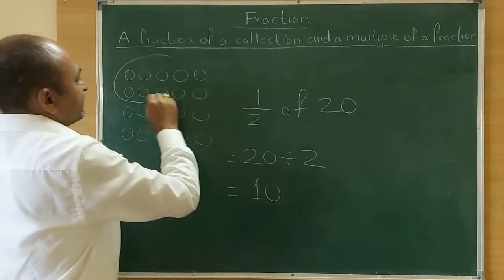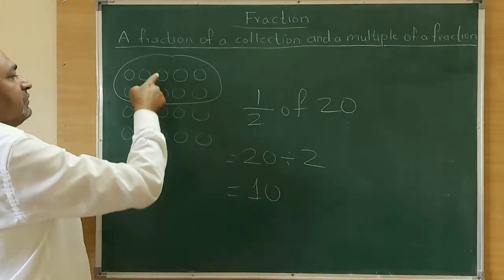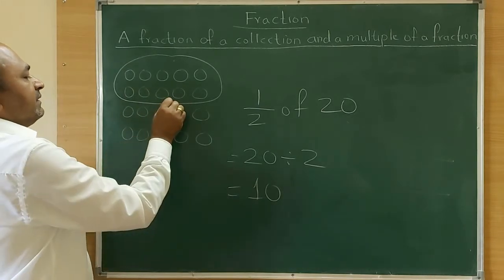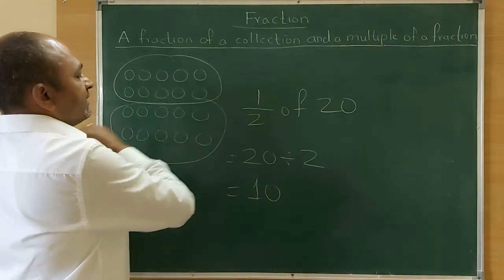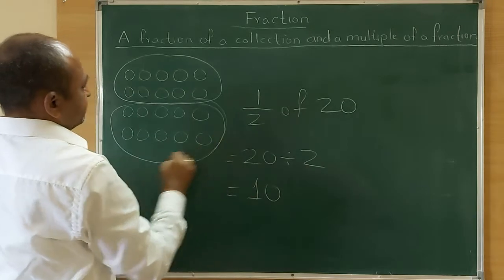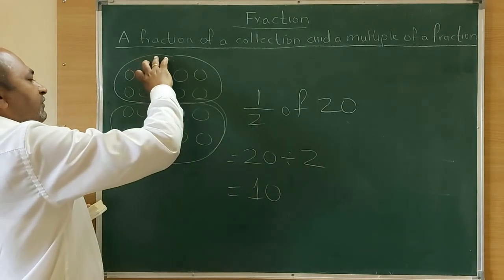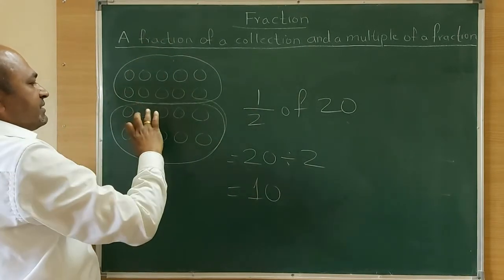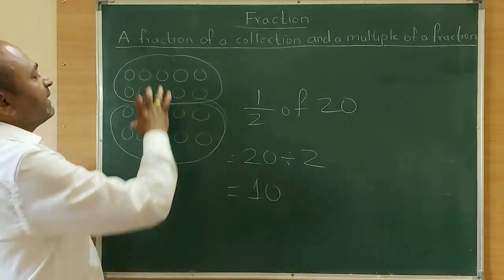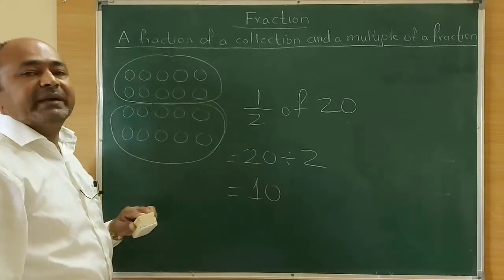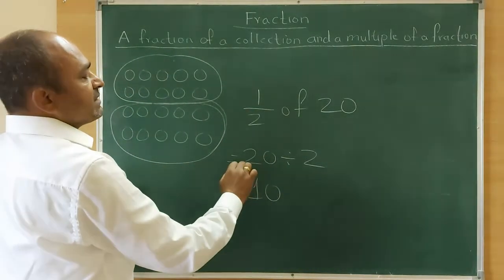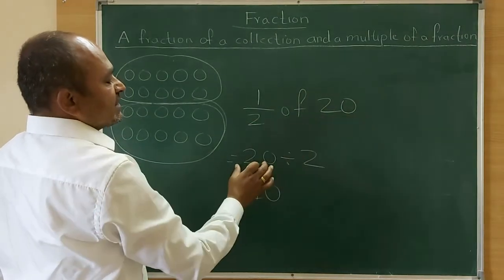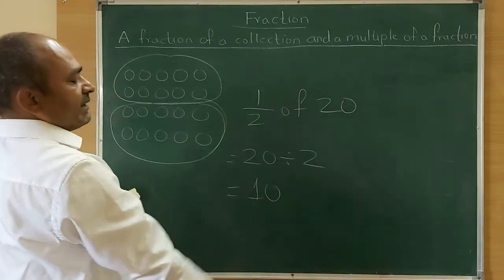Half of 20: 5 plus 5 is 10. This is one half and this is the other half. So in one half there are 10 dots and in the other half there are 10 dots, equals 20 dots. So half of 20 is 20 divided by 2, that is 10.